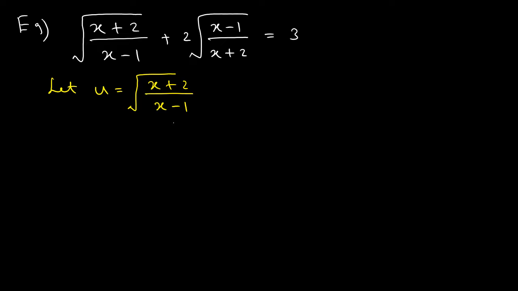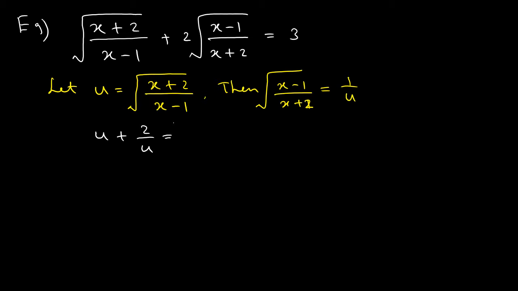Then you can see that the square root of (x minus 1 over x plus 2) is simply 1 over u. So that means your equation simply becomes u plus 2 over u equals 3.